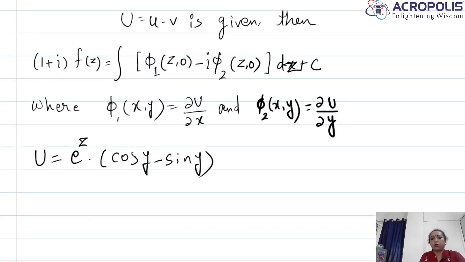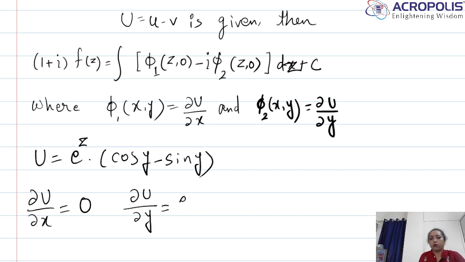And if I am getting del u by del y, it becomes e to the power x times (minus sin y minus cos y).